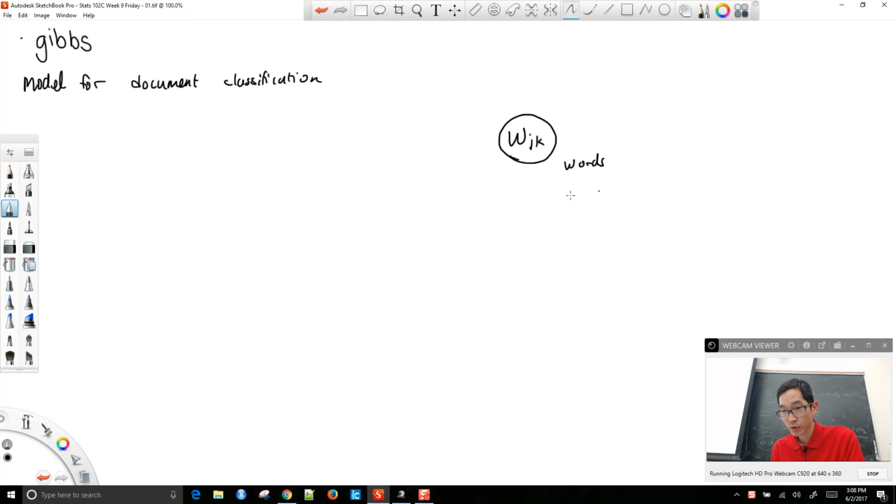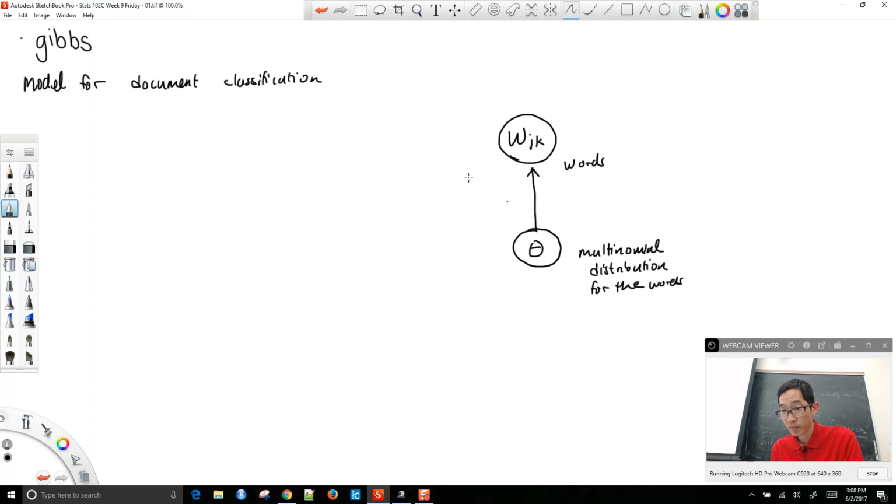They are generated based on a multinomial distribution with vector of probabilities theta. This is the multinomial distribution for the words.